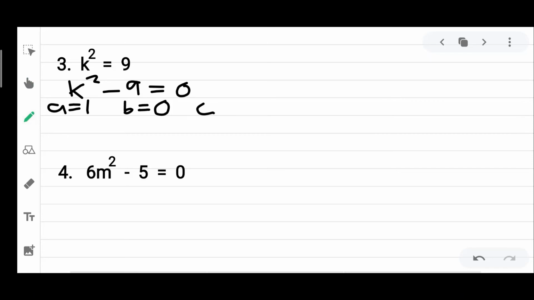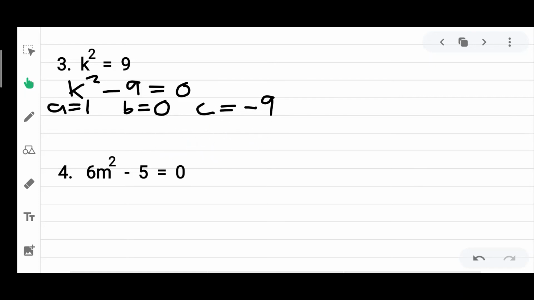And then yung constant natin, which is yung C, alam natin na yung constant stands for yung number lang na without the literal coefficient, which is negative 9. Okay, tandaan ninyo yung C, yun yung constant term, yung walang x o walang variable na katabi.